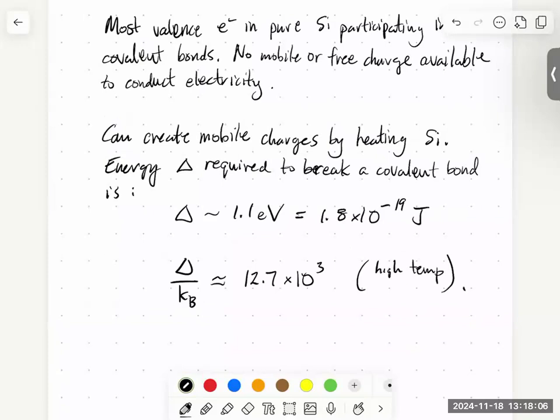So that means if you have a chunk of silicon just sitting on the desk at room temperature, 300 Kelvin, the thermal energy in your material is way less than delta. And so that means it's very unlikely that you're going to break many of these bonds. And so all the electrons are still in these covalent bonds, and you don't have a good conductor.